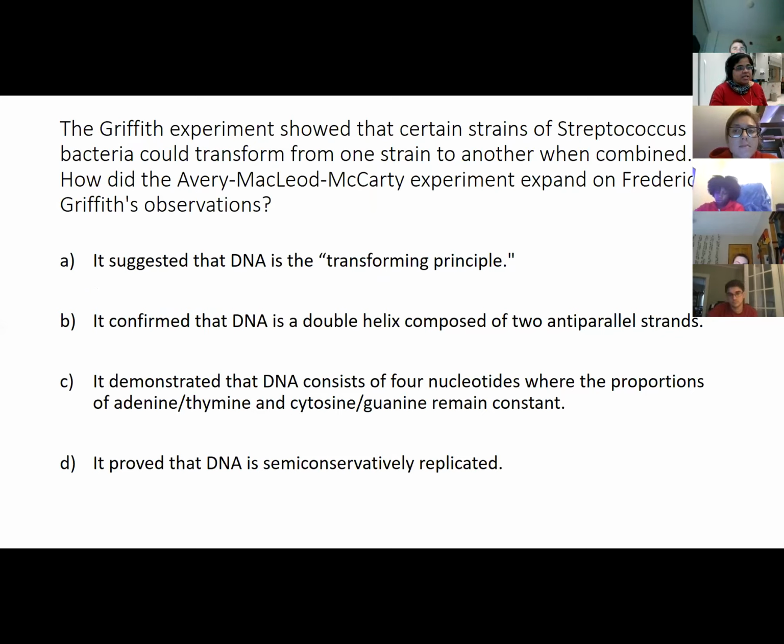Okay. So the next question: the Griffith experiment showed that certain strains of Streptococcus bacteria could transform from one strain to another when combined. How did the Avery, McLeod, and McCarty experiment expand on Frederick Griffith's observations?